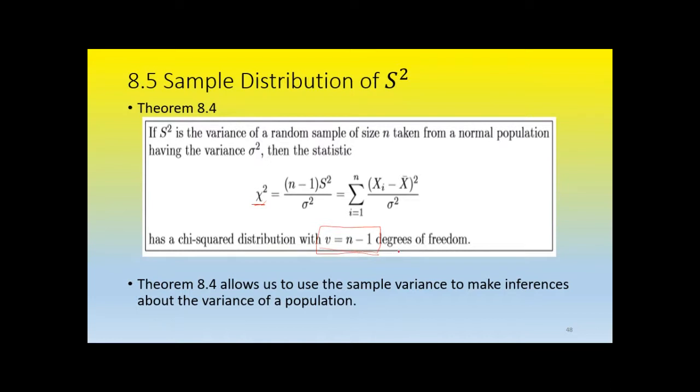For a data set, there will be degrees of freedom. Here v is n minus 1, sample size minus 1, right? We need this information to check the chi-square value in the table.